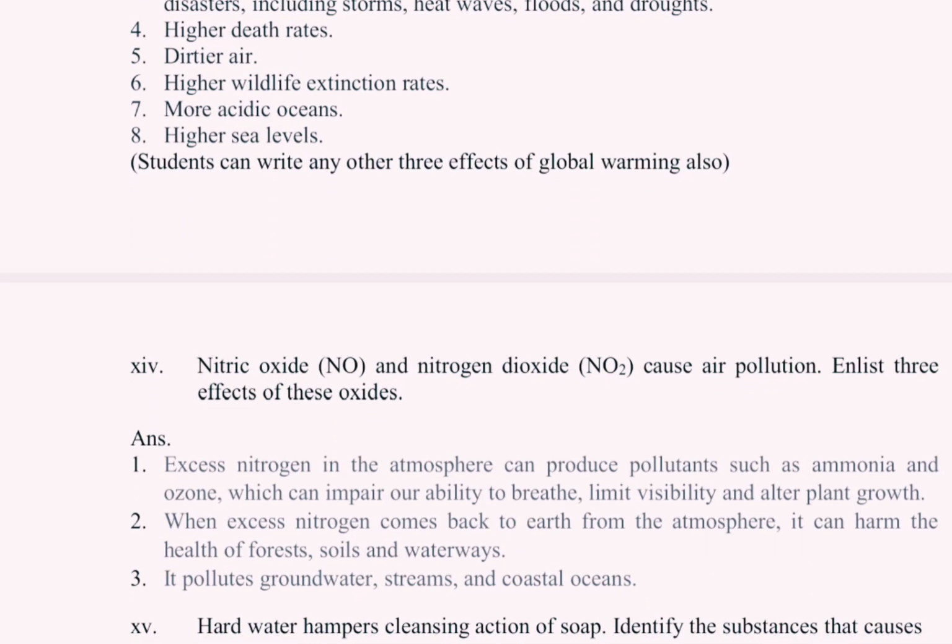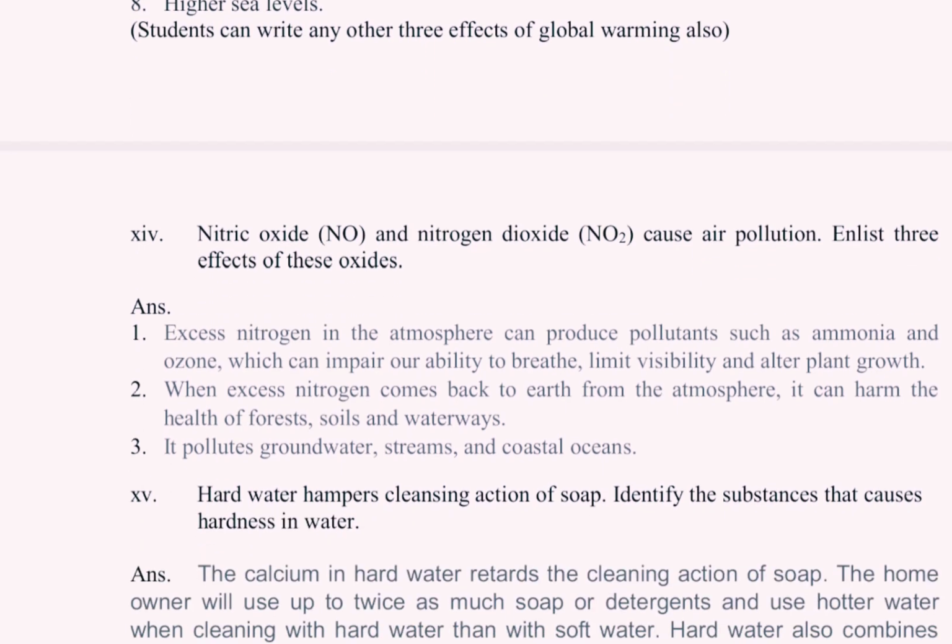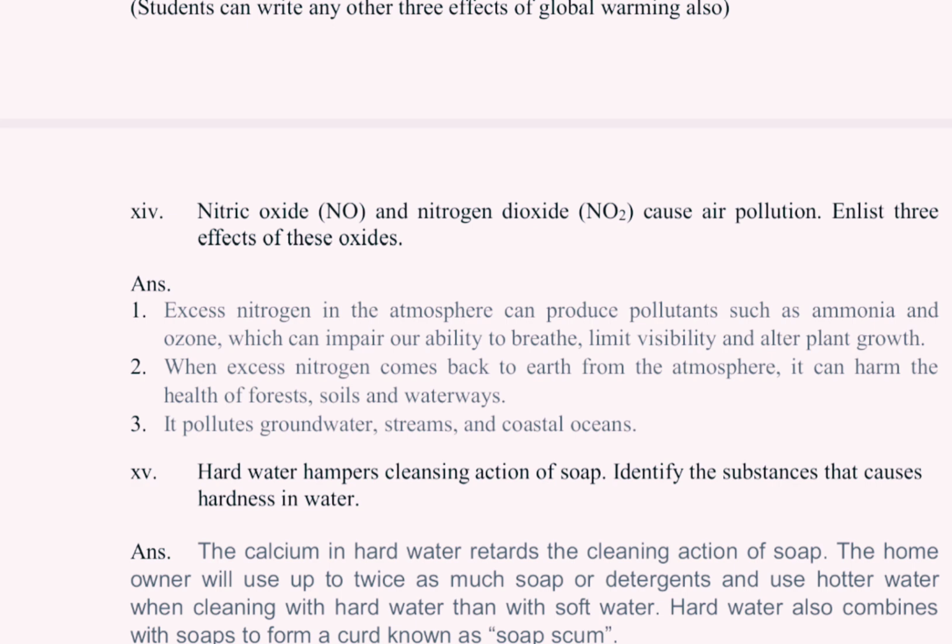Then we have the next question. Nitric oxide and nitrogen dioxide are air pollutants, and you have to list three effects of these oxides. One of the major effects is that if nitrogen is in excessive amount, obviously ammonia and ozone are produced, which cause breathing problems and affect plant growth, because nitrogen is a major component there.